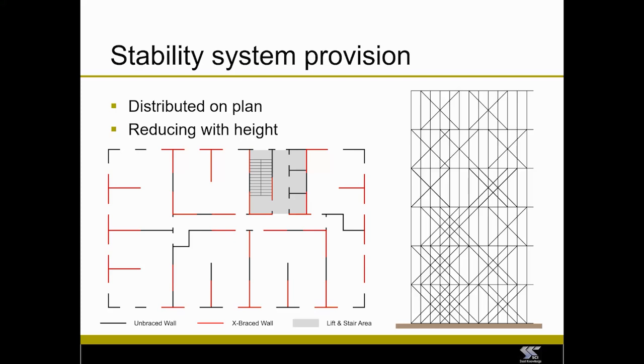It's not just in a couple of corners as it might be with a hot rolled steel frame structure. We can also see from the diagram on the right hand side that across the elevation, the X bracing is also quite widely distributed, or can be widely distributed. It doesn't have to be like this.